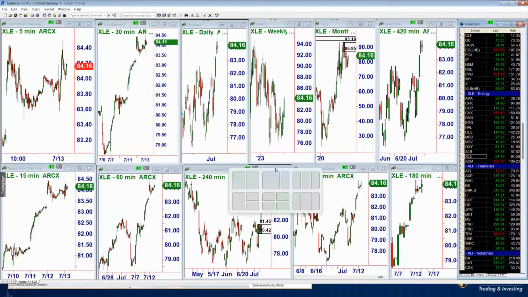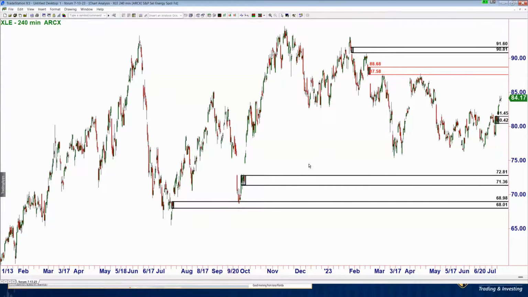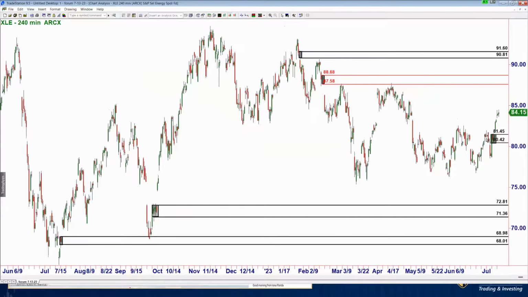So for here, the current demand zone that we're focused on is right here. Notice it's inside the range a little bit, so not high probability. Here we have a couple outside the range demand zones. But anyway, the 81.45, structure-wise, it's great. It also has a gap with it.